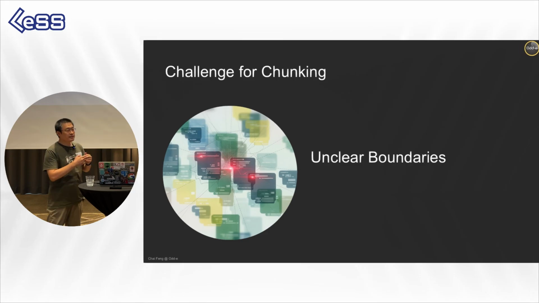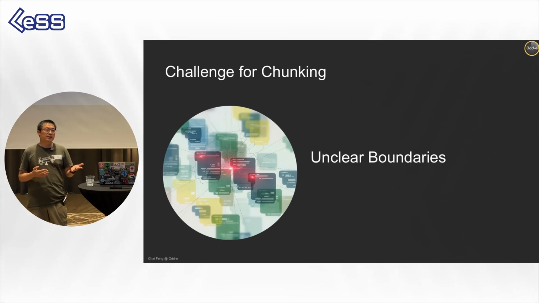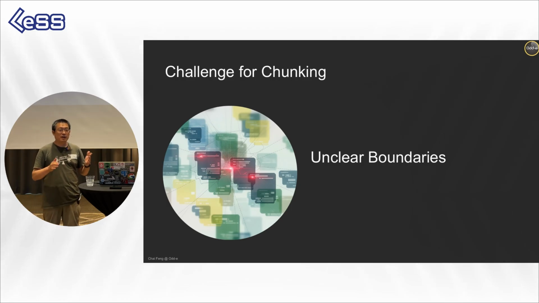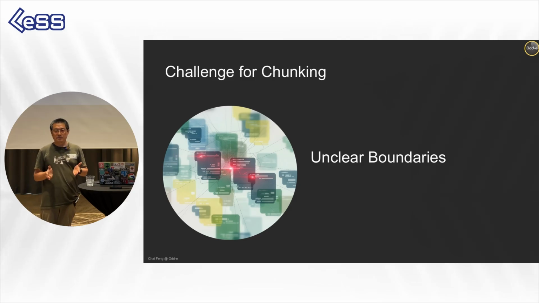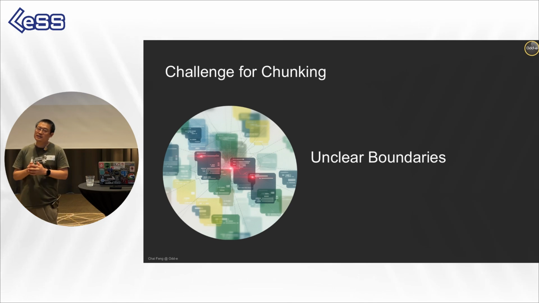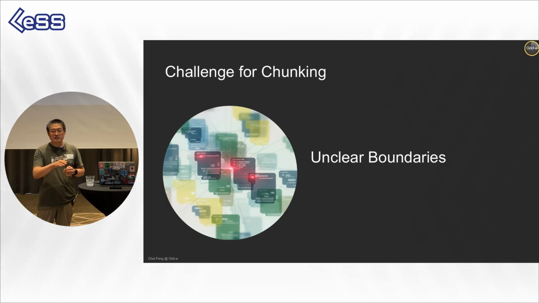The first challenge for chunking is that our build units don't have clear boundaries. To simplify maintenance, we usually manage our environment dependencies centrally. This can be convenient, but it makes the dependency boundary for our build units unclear.